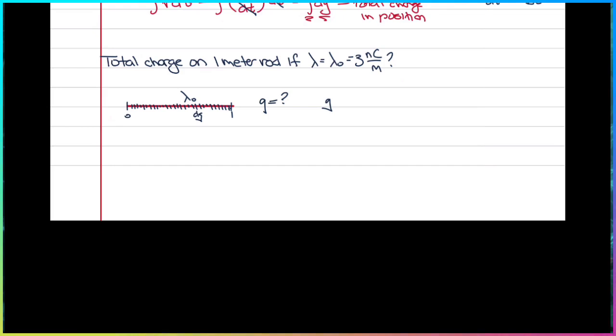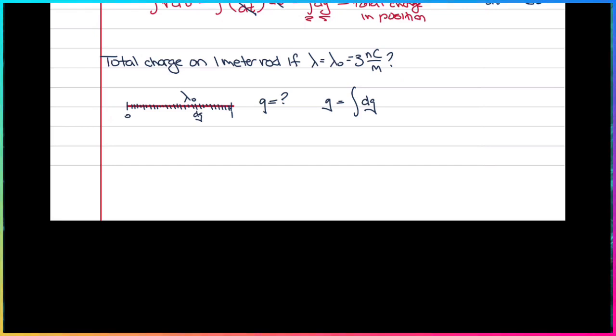In this case, it's evenly across the rod. But if I make the bucket small enough, each one of those buckets is going to have some little dq in it. So the total charge is I'm just going to add up all the buckets. I'm going to do the integral of dq, which means just add up all the charge in the buckets.